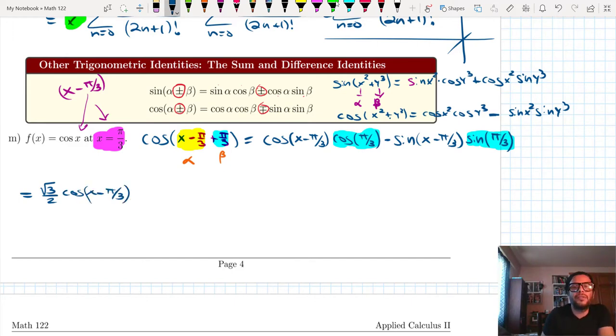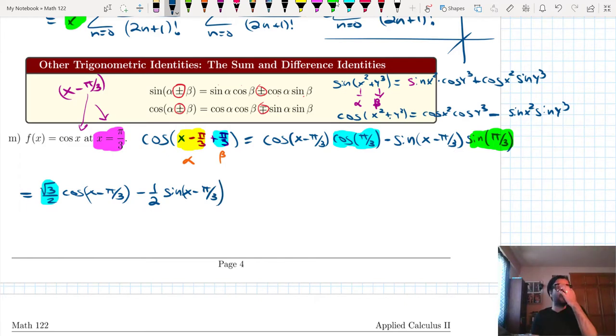Where did I get that cosine of pi over 3? I got it from here. So you can relate. Actually, let me use a different color over here so it doesn't get confusing. This one I'm going to put in green. And this will be minus the square root of 3 over 2 of sine of x minus pi over 3.